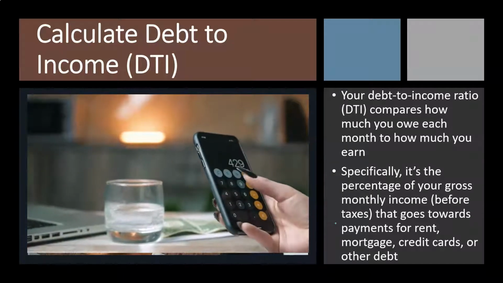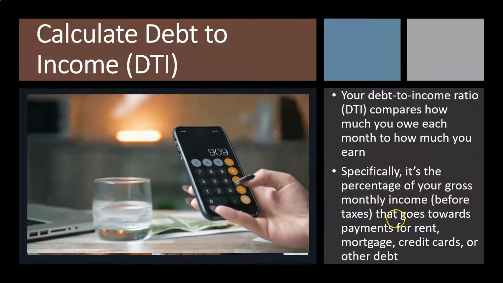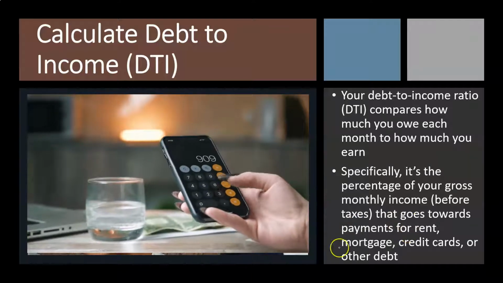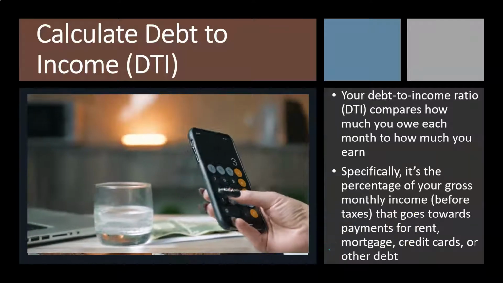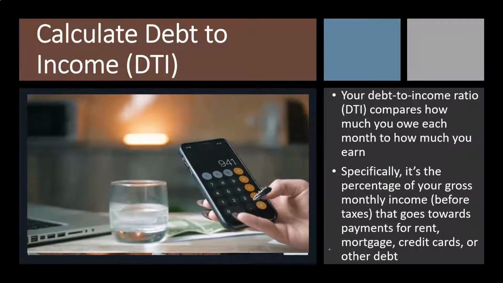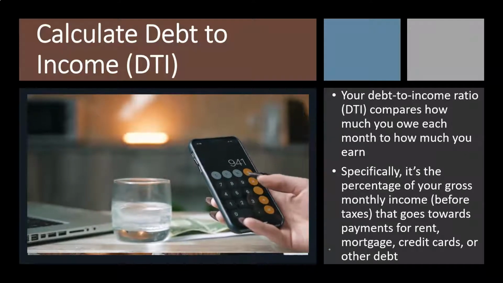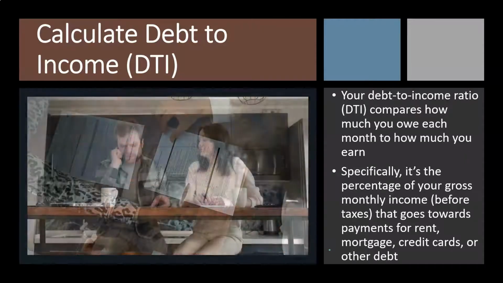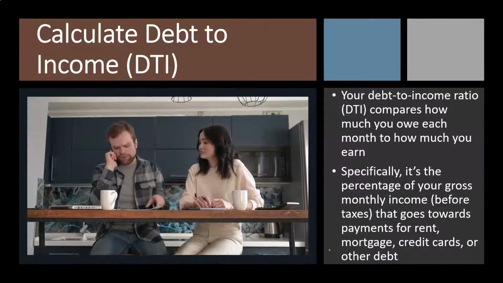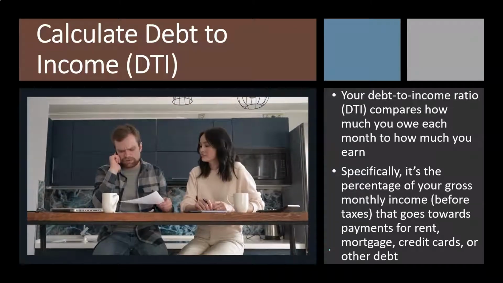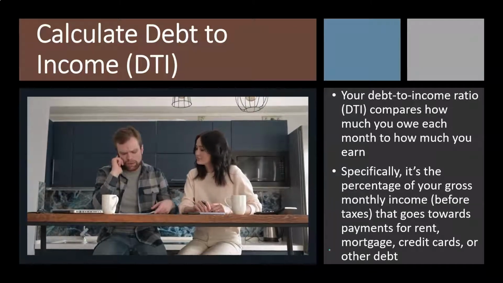So that goes towards your payments for things like rent, mortgage, credit cards, and other debt. Now, this is the other one that gets kind of confusing, because the debt side of things, the top side of this calculation, is the amount of payments that are going for debt compared to your income amount.